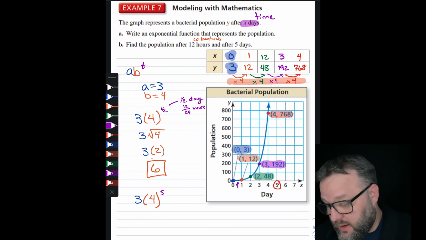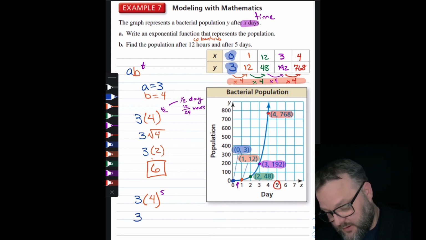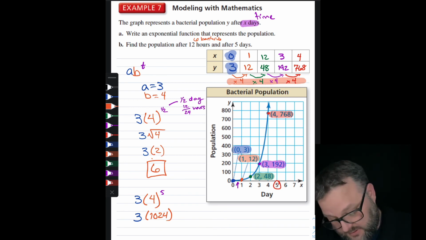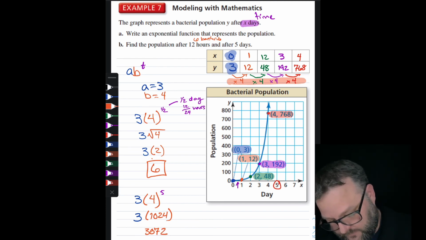Well, 4 to the 5th is going to be 1,024. So that's the same thing as 3 times 1,024, and 3 times 1,024 is going to be 3,072. So at 5 days, we have 3,072. Why in the world did I write 5? No idea.